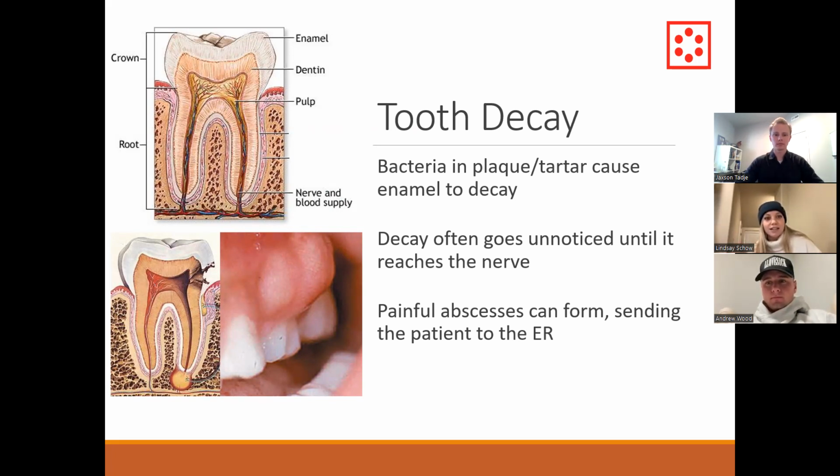If you can see in the picture in the lower left, where the enamel is damaged, it has straight access to your inner tooth. That's super painful. That can cause abscesses, and that's an infection. And then that's when you would have to go to the ER or an urgent care to get antibiotics to treat it.